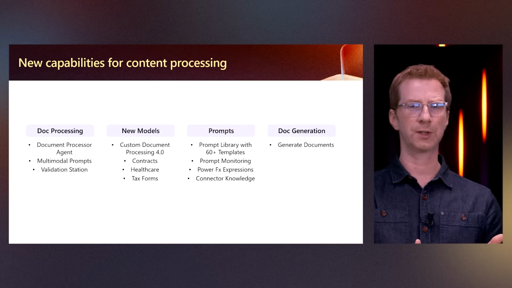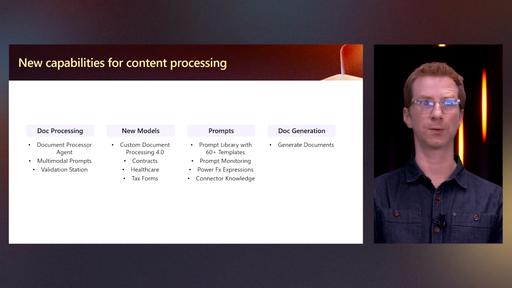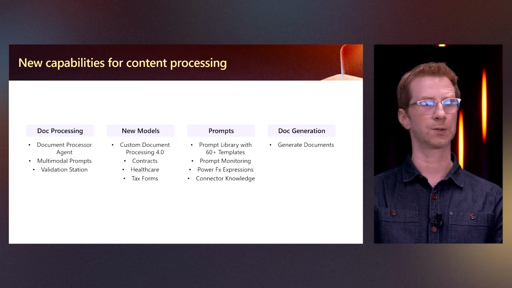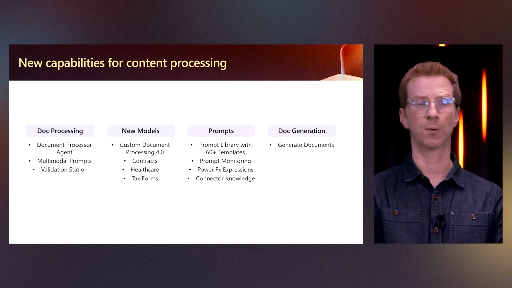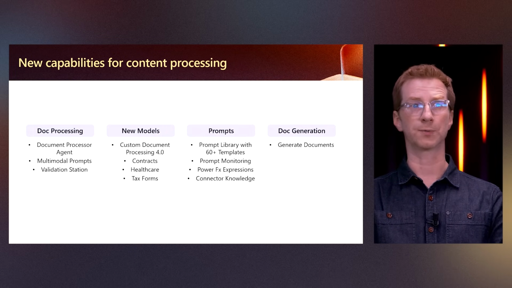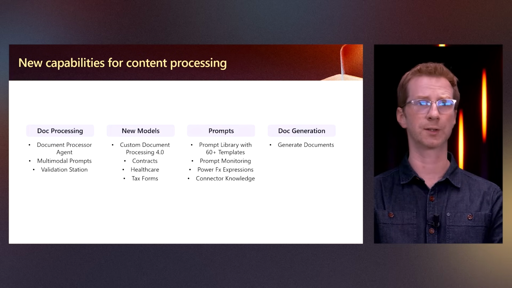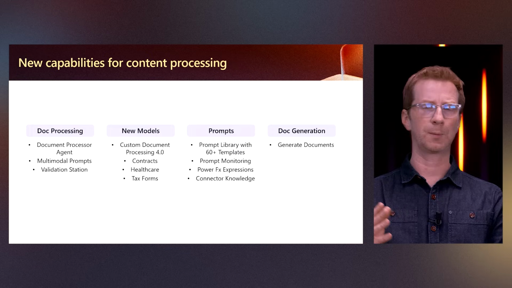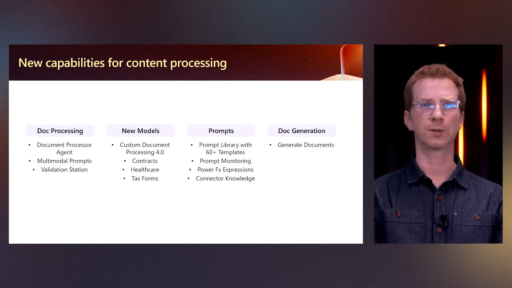If you don't want to use Gen AI for your scenario, we also saw updates to the traditional models that we had in AI Builder. So new custom document processing using Azure Document Intelligence 4.0, new pre-built models for contracts, healthcare, tax forms. We saw lots of new additions to prompts, a revamped prompt library with over 60 templates, new prompt monitoring solutions.